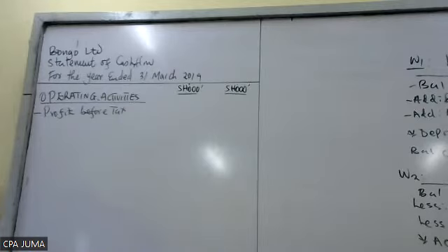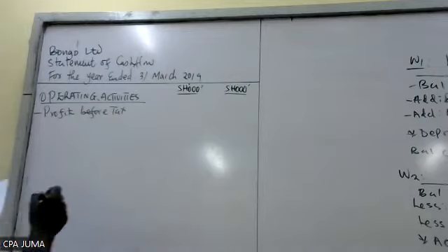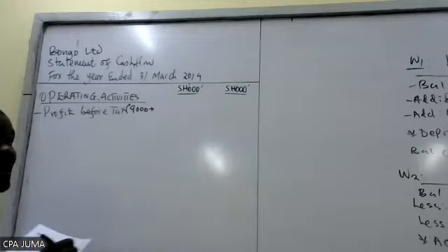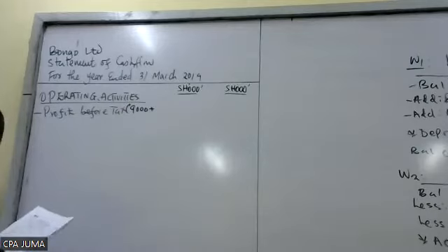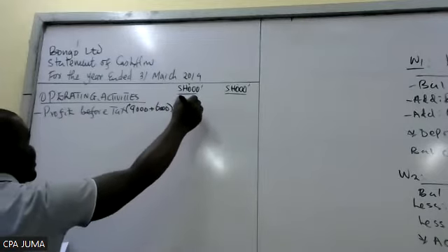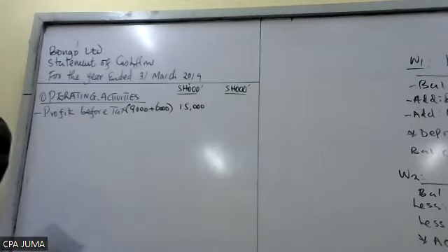Three... three what? 3 plus. So you add back. So after tax was 9. So you take 9, then you add back the tax. Tax was 6. So you add back 6. You get how much? 15.